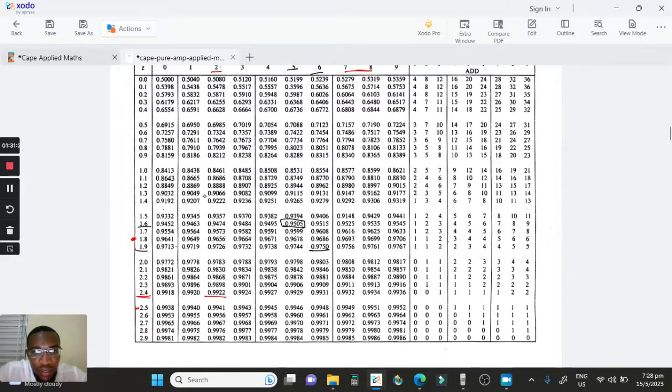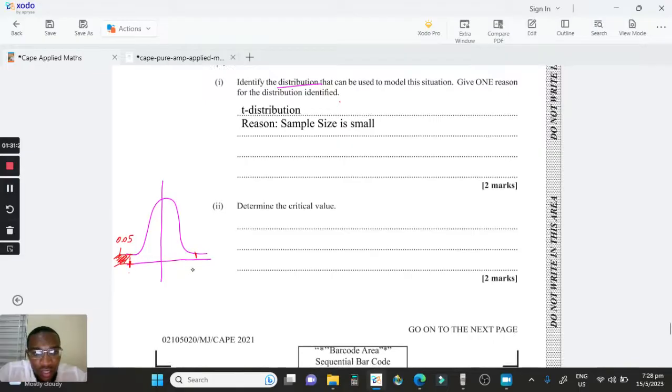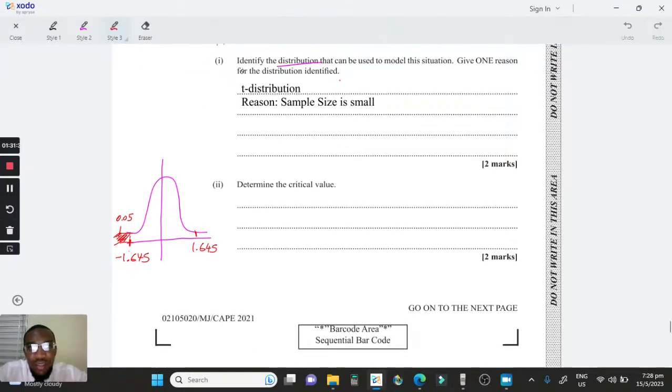So we'll go back to the paper. This right here is 1.645, but we're over this side, so it's negative 1.645. So what is our critical value? Negative 1.645. From our normal table, we can tell the critical value is negative 1.645.